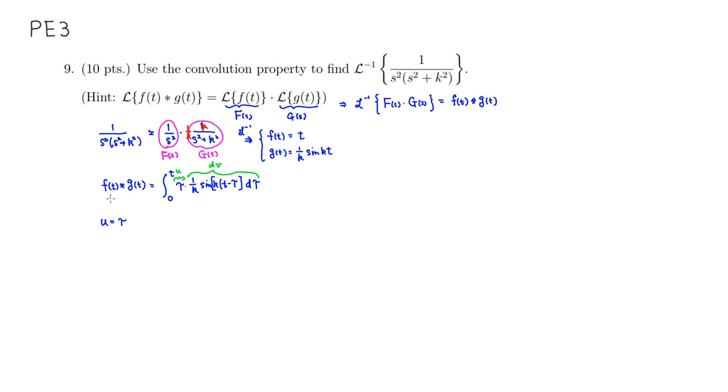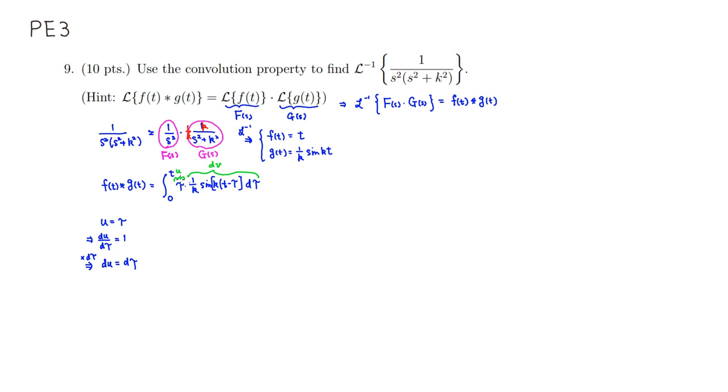If you take the derivative, du over d tau is 1, so du is the same thing as d tau.